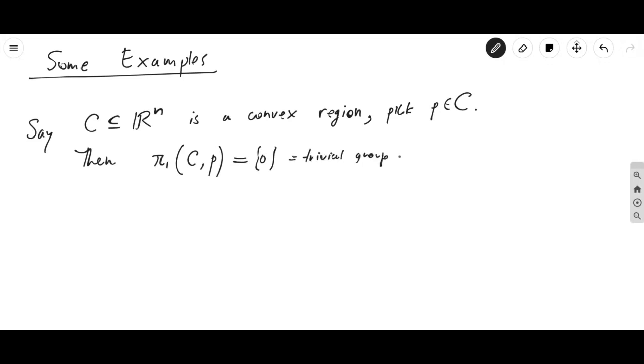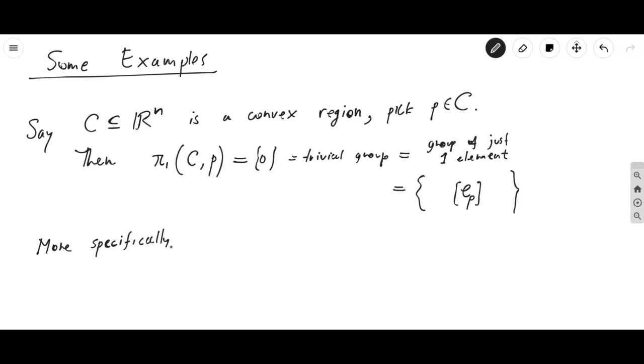Now, if you're not sure what that means, it's the group of just one element. The elements in the fundamental group are homotopy classes, and you always have the homotopy class of the constant loop. More specifically, every closed loop in C at P can be homotoped to a point.